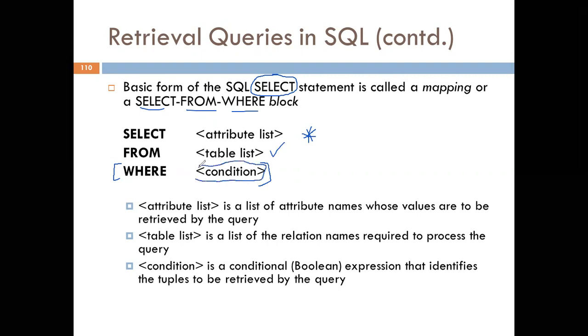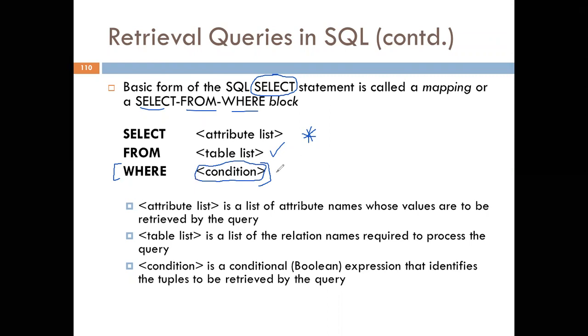The condition we mention over here should evaluate to a Boolean expression, just like how we write the condition in an if statement or a while statement in C programming. In the same way, we mention a condition over here, and that condition should finally evaluate to a Boolean expression.